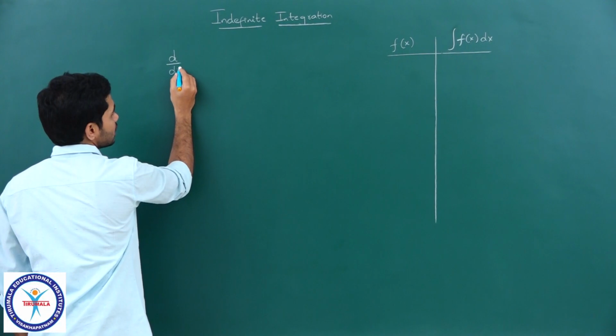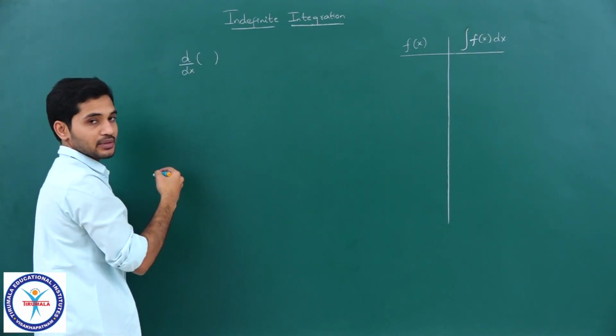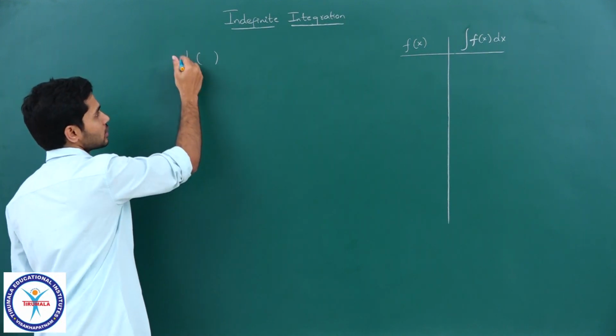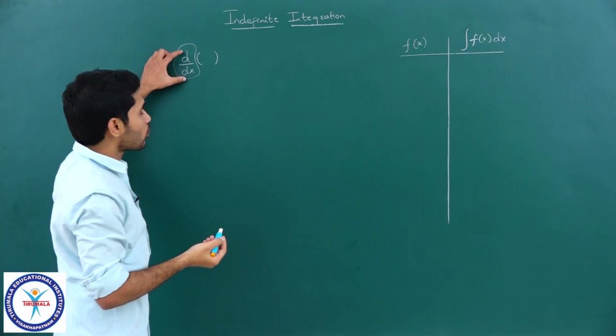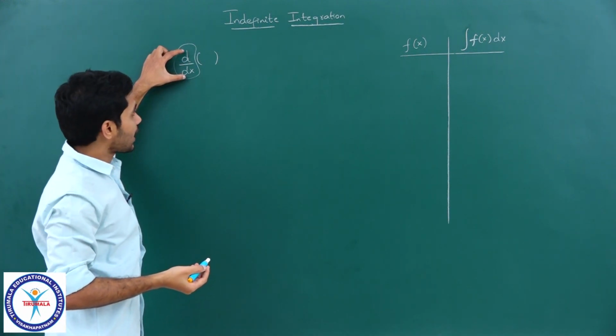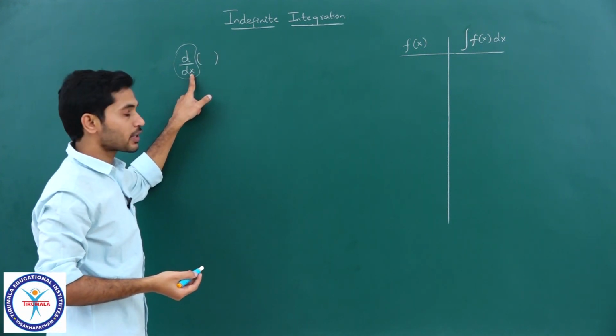When I write d by dx of anything, whatever function I substitute here, what does this mean? You know that d by dx is basically an operator, right. And what does this operator do? It calculates the rate at which this thing varies with respect to x.